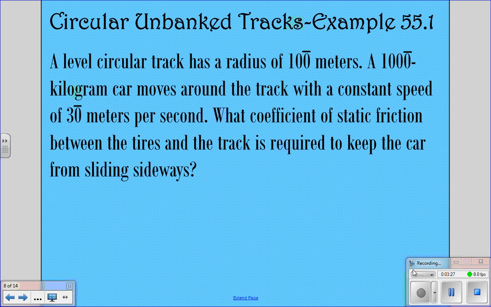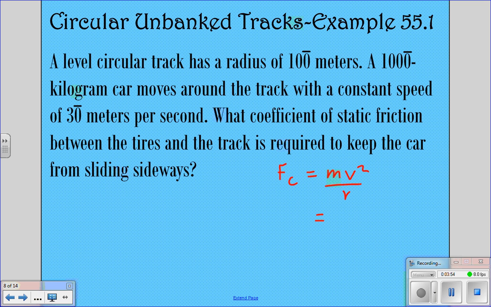All right, so we start by finding the centripetal force for this problem. And so we're going to start with one of our formulas. We're going to use mv squared over r. The reason we're going to use this one, they did not tell us our angular velocity, our omega. So we don't want to use that formula.